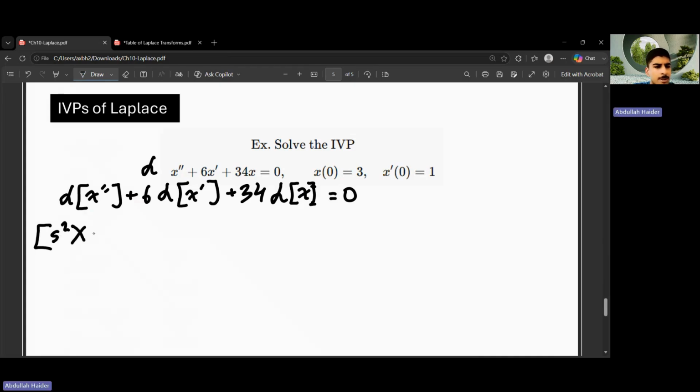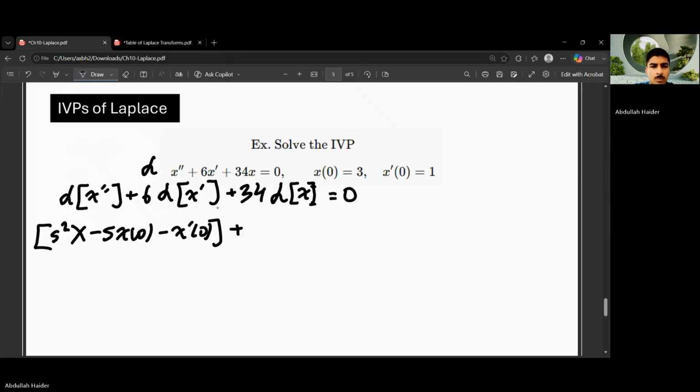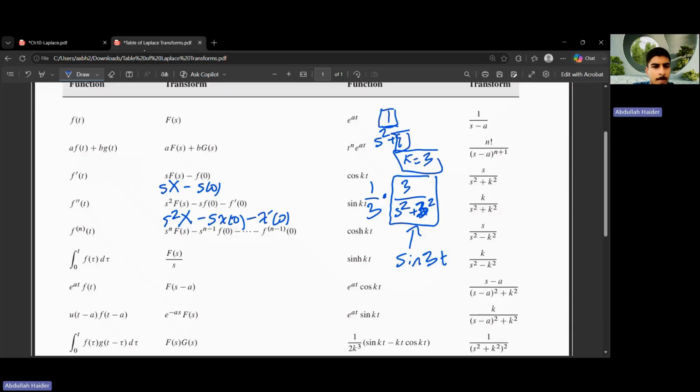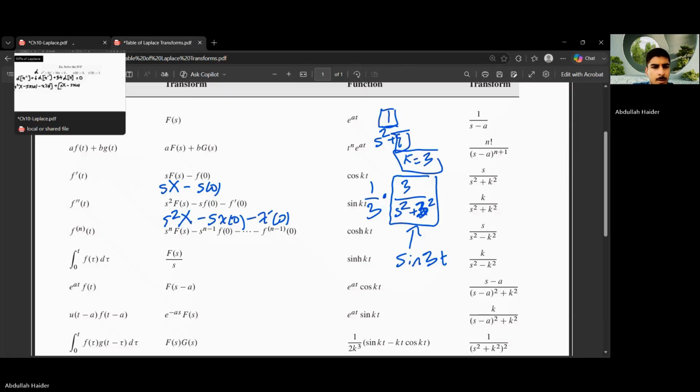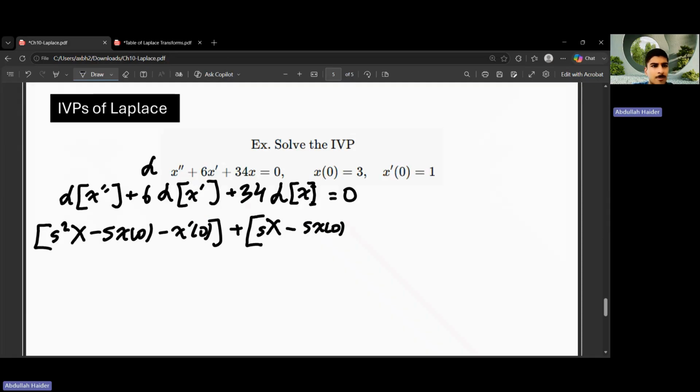This will be s squared big X minus s small x of 0 minus x prime of 0, plus 6 times s big X minus x of 0. There is no s here, so this will only be x of 0.